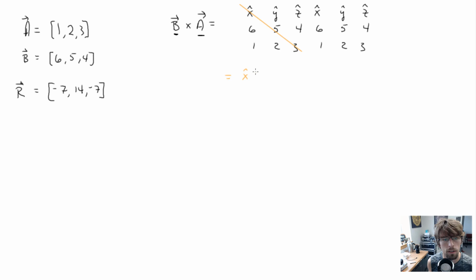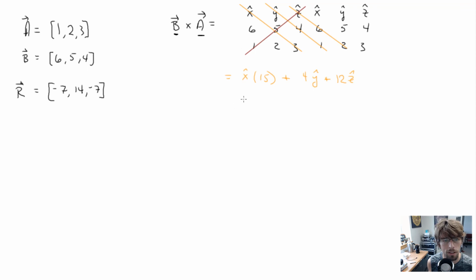X hat times 15. And now you probably don't even have to draw the lines in anymore, although I would encourage you to if you're prone to swapping numbers. Here's 4 times y hat. There's 12 plus 12 z hat. And we'll go to that ugly red color. And we see the same thing.